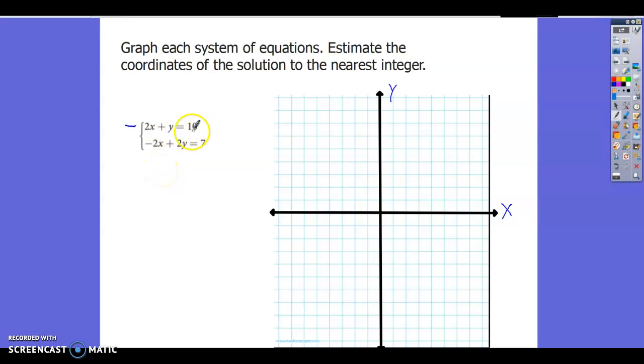So again, let's take the first equation. Let's just substitute 0 in for x. 0 times 2 is 0, plus something equals 10. So y has to equal 10. And then if I let y equal 0, then 2x equals 10, divided by 2. 10 divided by 2 is 5.